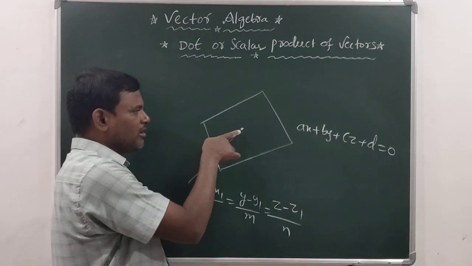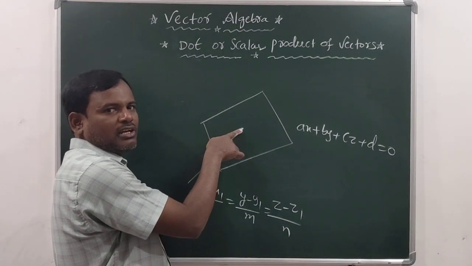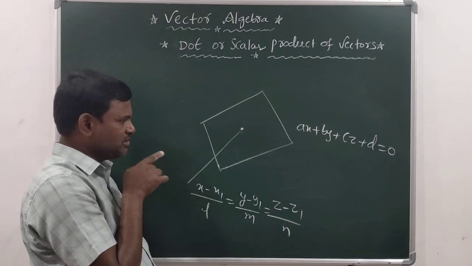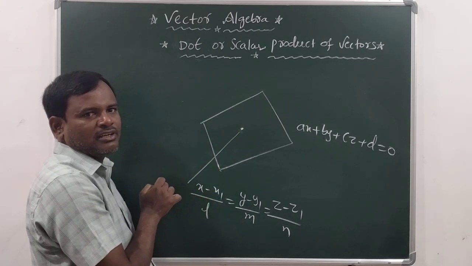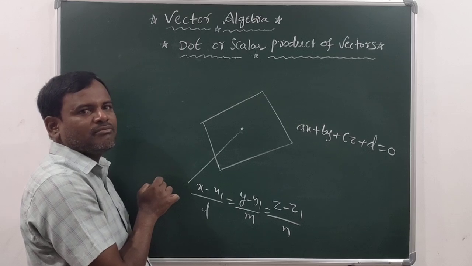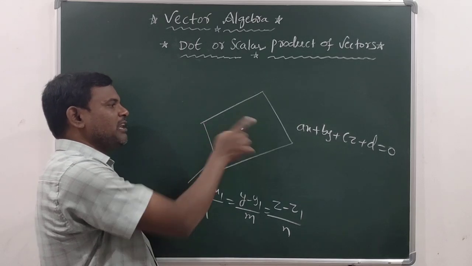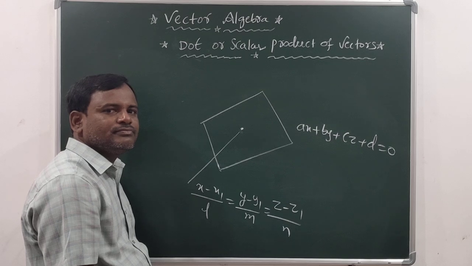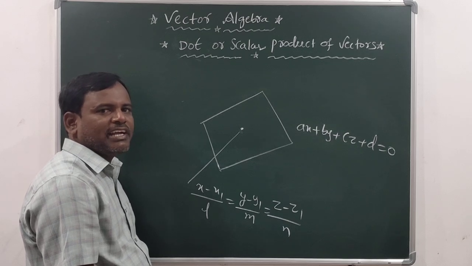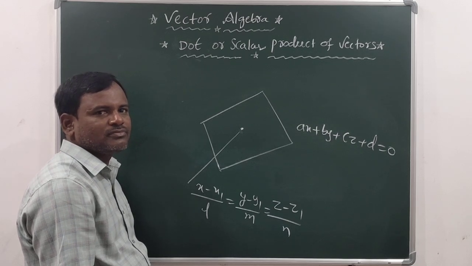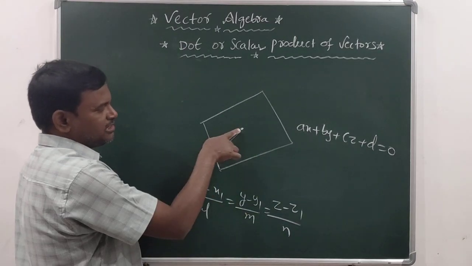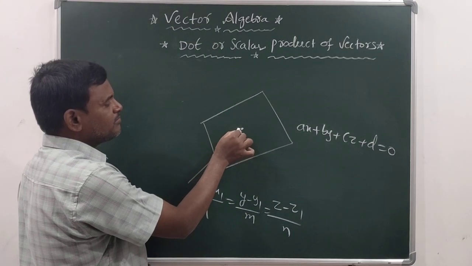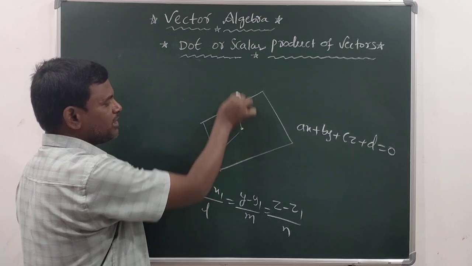See, I can't draw an exact diagram. This is a rough diagram. The line will penetrate through the plane like this. Now what is the angle between the plane and the line? You can take it as theta. Okay, students. See, here this is theta. Theta is the angle between, this is the normal actually.